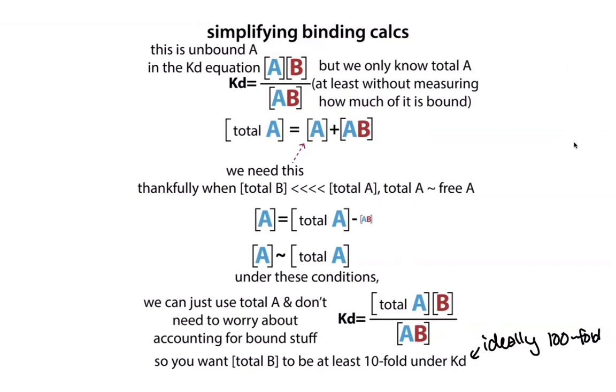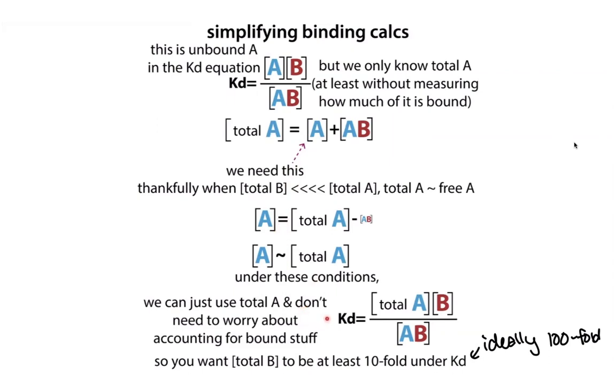To make our lives easier, if we have a concentration of A that's way, way above the concentration of B, then any A that gets taken away is going to be a very tiny amount. So we can simplify and say that the total amount of A is equal to the free amount of A, because we're taking away just a little tiny bit. We can just use that total A and don't need to worry about accounting for the B stuff.